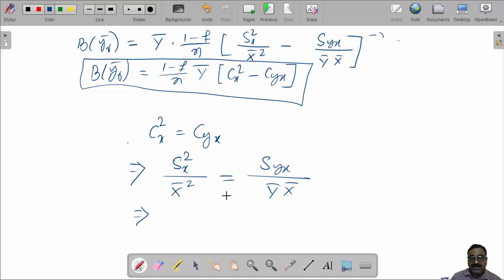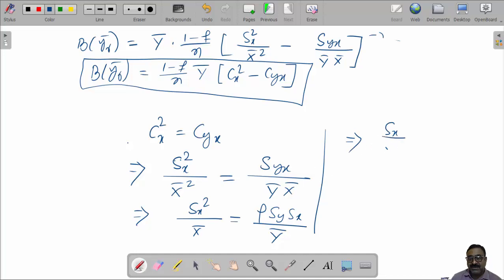That implies sx square by x bar is equal to syx, equal to rho sy sx divided by y bar.